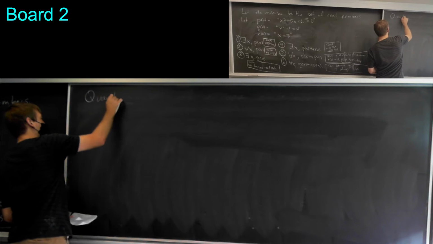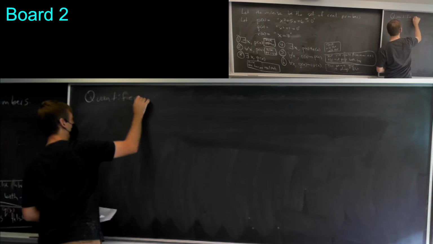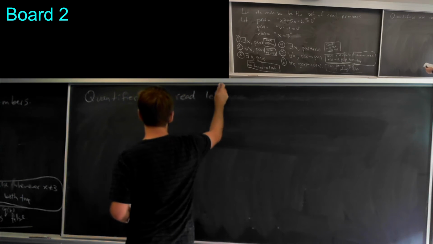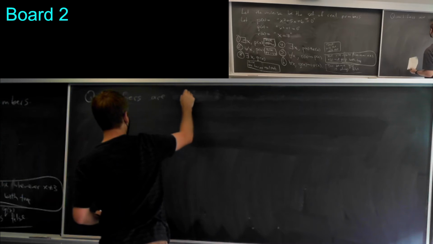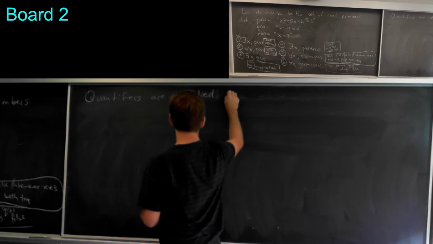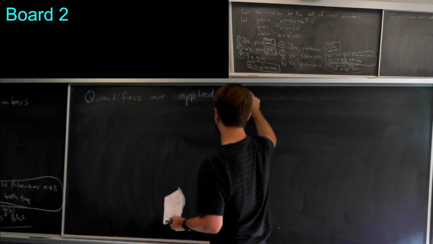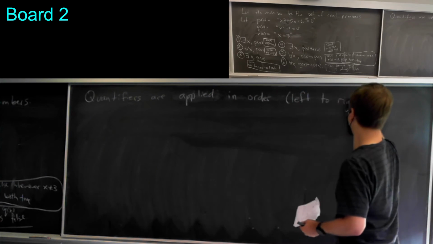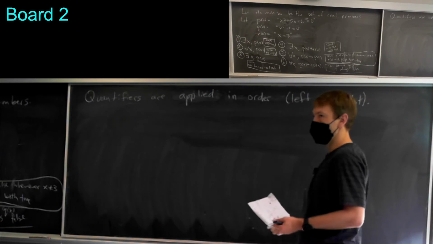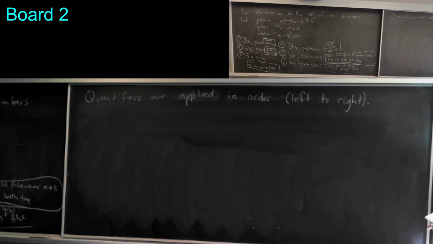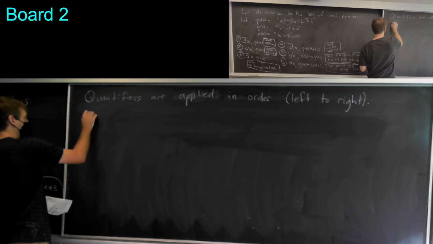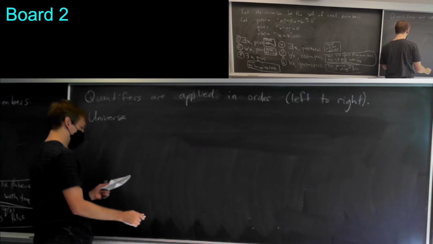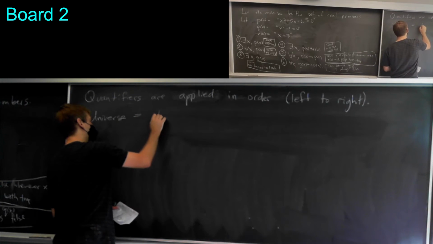Quantifiers are applied in order, kind of left to right. And the order is important. So let's say I let the universe, for an example, equal, again, the set of all real numbers.